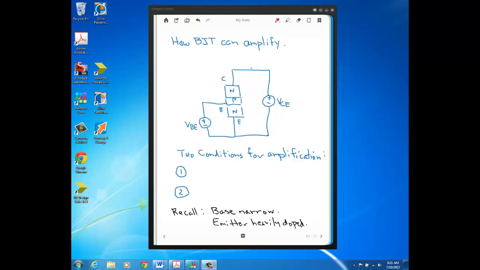So first of all, I just want to point out that this circuit that I'm showing with the physical aspect of the BJT, along with these two sources, is the most common type of configuration called a common emitter, since the emitter is connected to both voltage sources. But this is not a practical circuit because we don't have any resistance in these paths here.